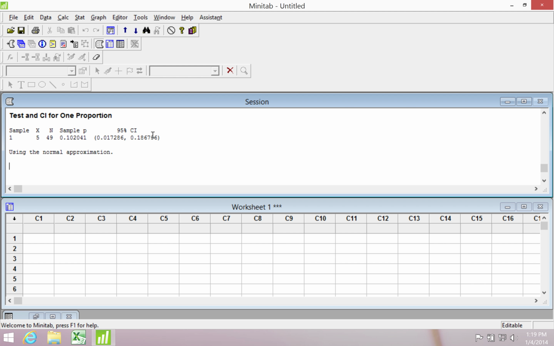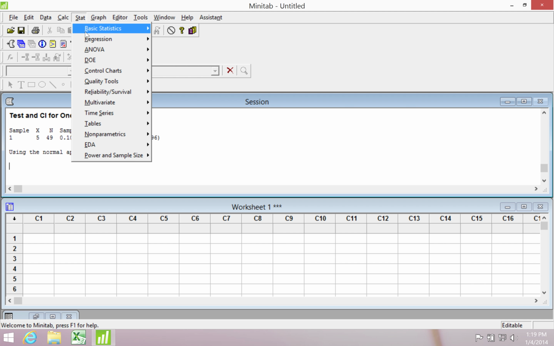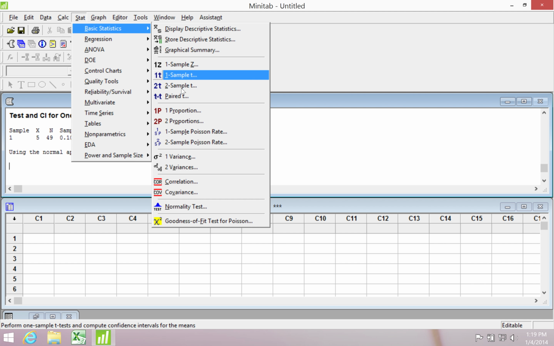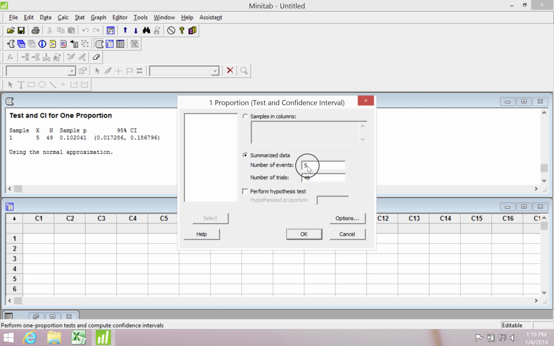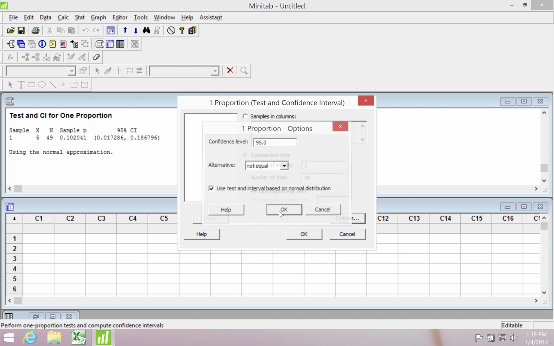Notice though, if you didn't realize that the Wilson needed to be used and you didn't use p tilde, instead you used p hat, which is just 3 out of 45. If you were to do this in Minitab, that would be Basic Statistics, 1 Proportion. Here you would not use a plus 2 and a plus 4. You would just use x, which is 3, and n, which is 45, making sure your options are the way you want them.